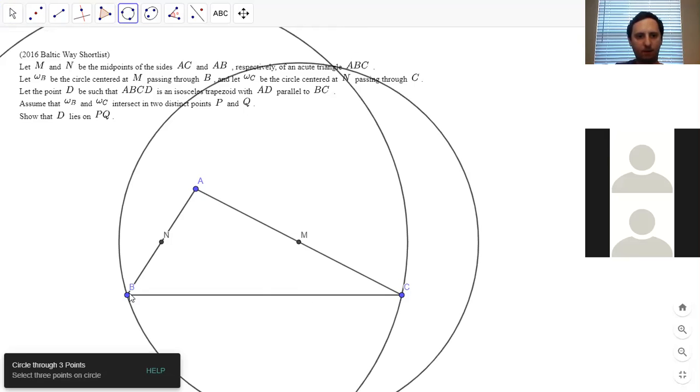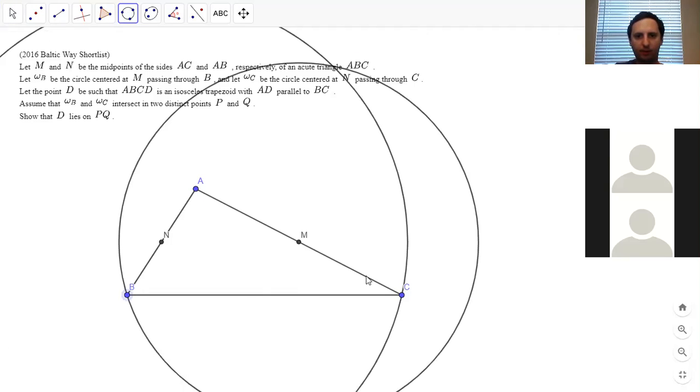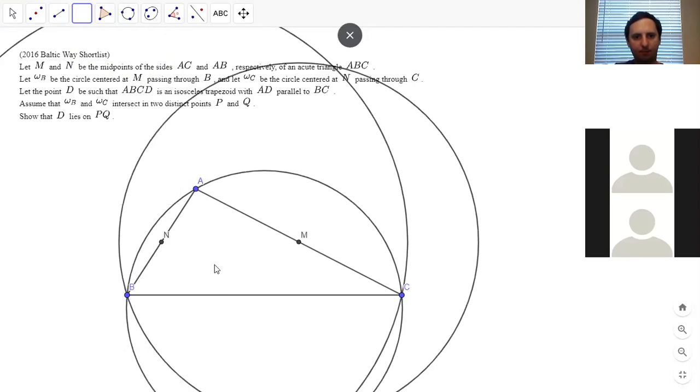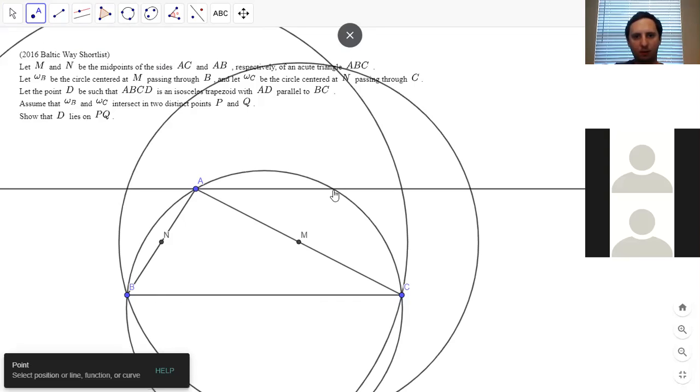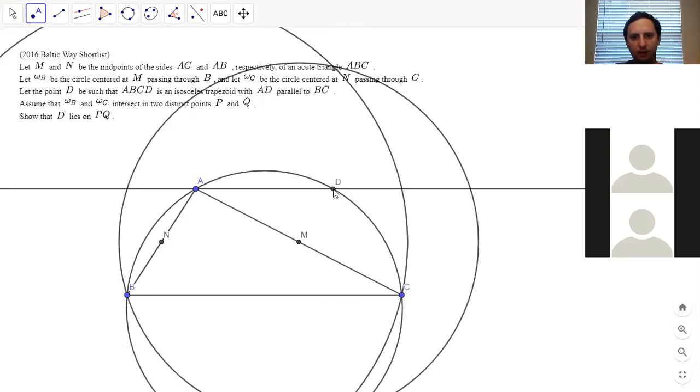So I'm going to draw the circumcircle of ABC. And so yeah, we want to show that this point lies on the radical axis of the two circles. So this is point D.